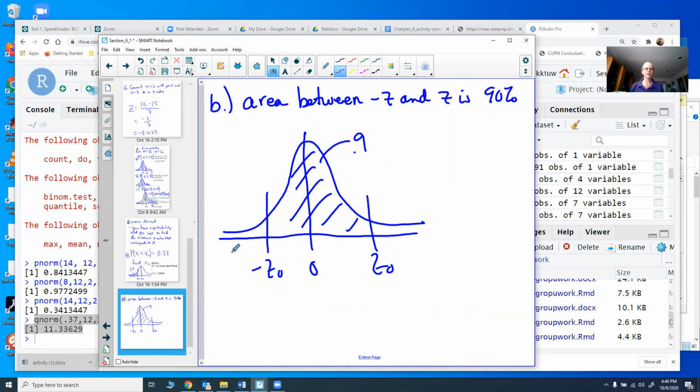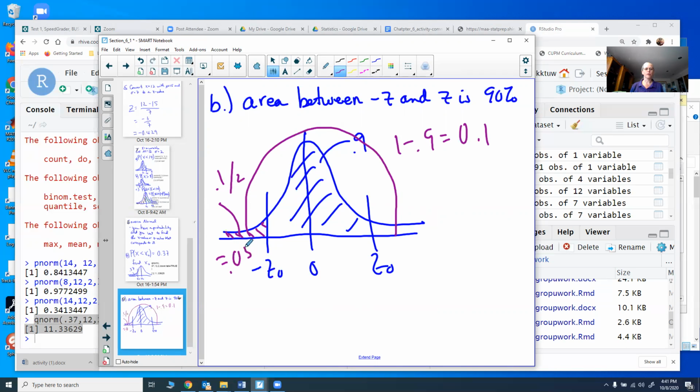I need to find out what this area is in order to use qnorm. I remember I just said the total area under the whole curve is 1. So the area in both of these tail parts would be 1 minus 0.9, or 0.1. So these both together add up to 0.1. Because of symmetry, this one by itself is 0.1 divided by 2, 0.05. So that's the value I'm going to put in as my probability.